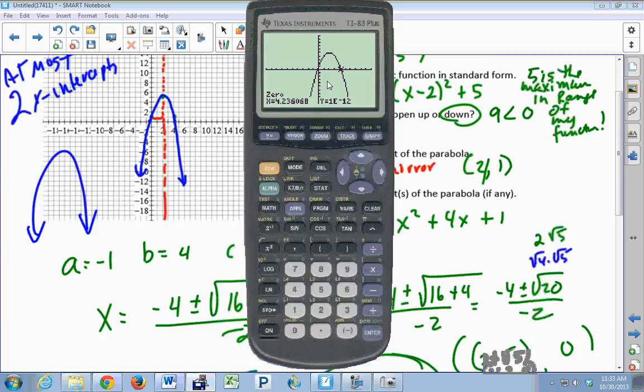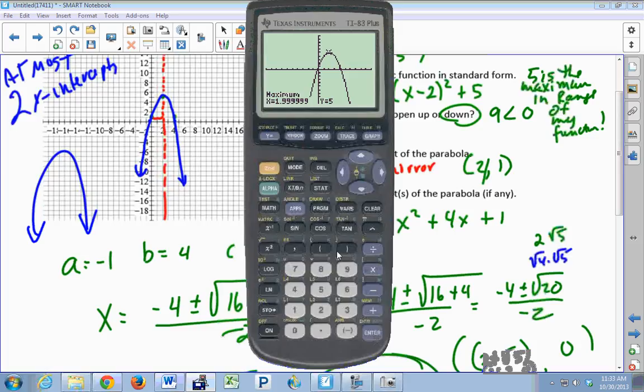But guess what else it tells you? Vertex. Second calc, it's the maximum point on that parabola. What's to the left of that vertex? 0 is to the left. What's to the right? 4. Let the calculator guess. And there you go. It's thinking 2, 5. 1.9999 is the same as 2.